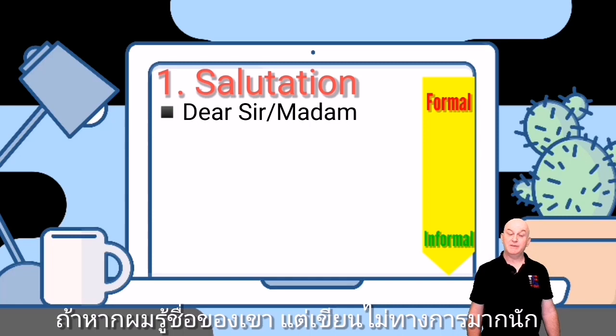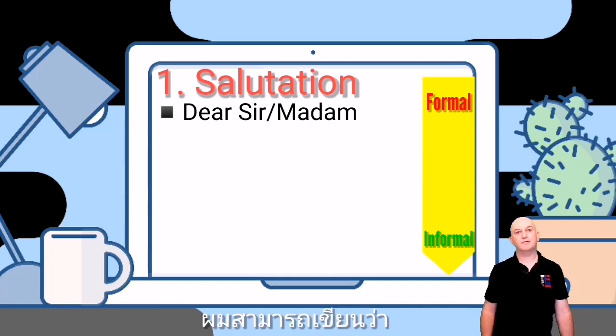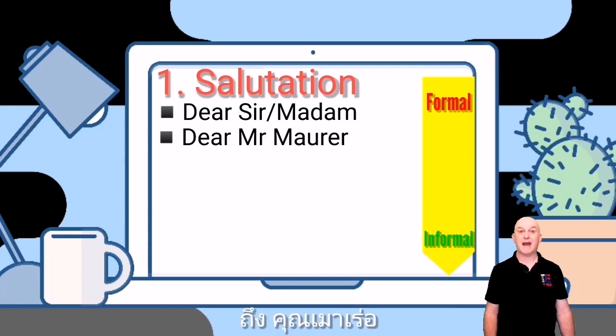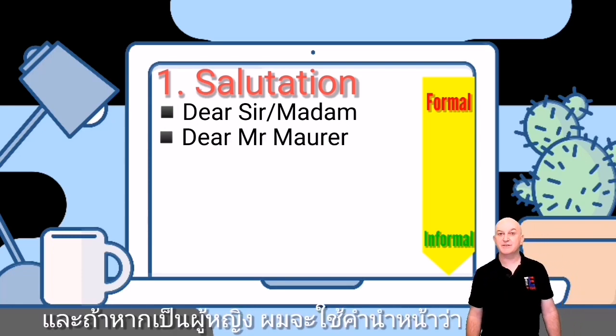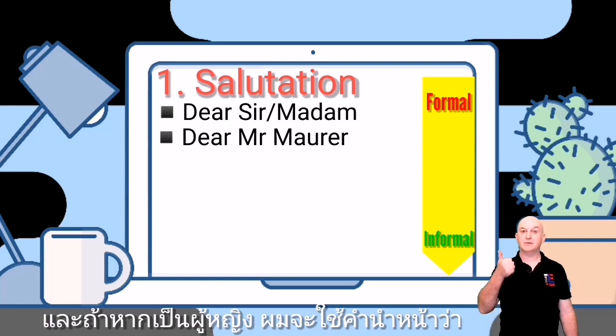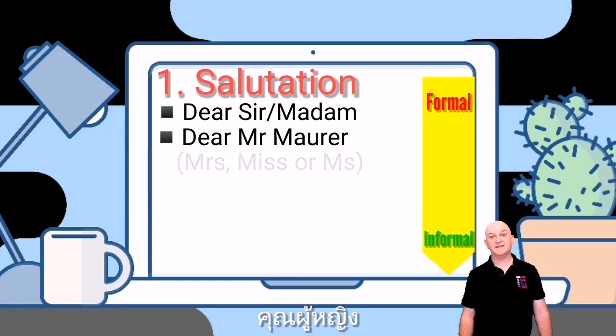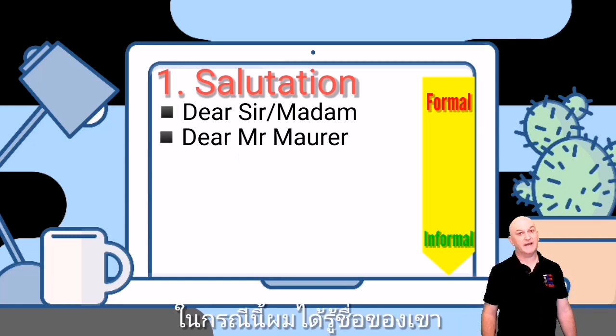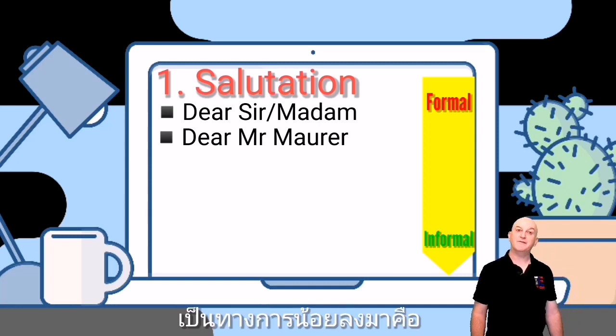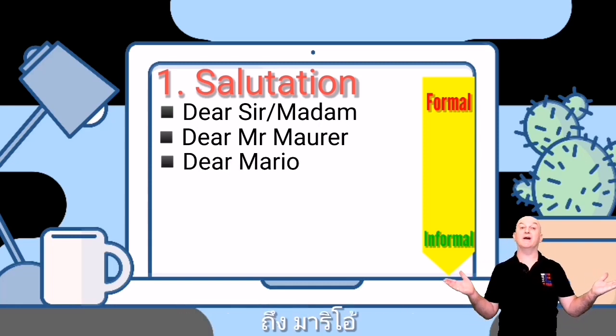But maybe because I do know his name, a little bit less formal, I could write "Dear Mr. Mara." Or again, if it's a woman that I'm writing to, I would use the title of Mrs., Miss or Ms. In this case, I do know his name, so a little bit less formal again, "Dear Mario."